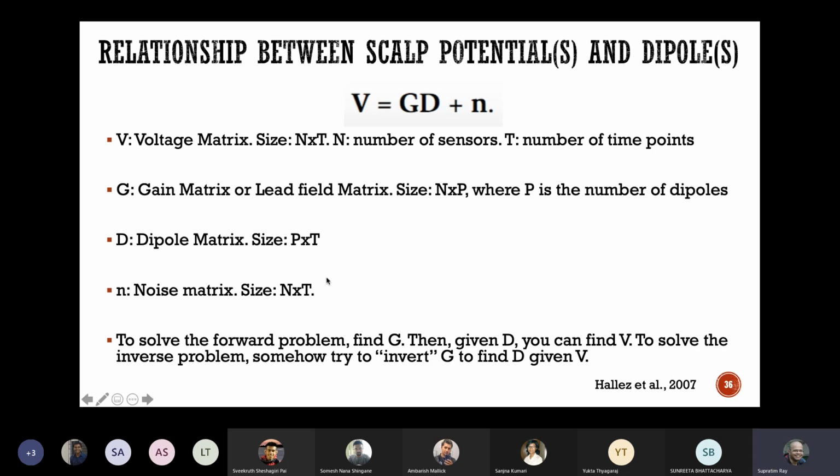Then you have a noise matrix as well, of the same size as V. The forward problem is trivially solved if you know G, because then you just multiply your D vector with G and you get the voltage distribution. The inverse problem involves somehow trying to invert G so that given V, you will get D.